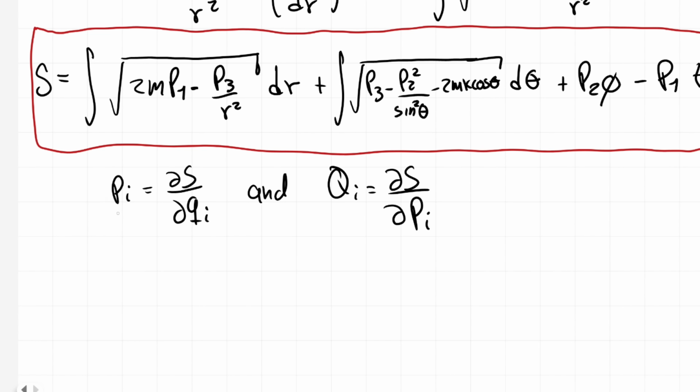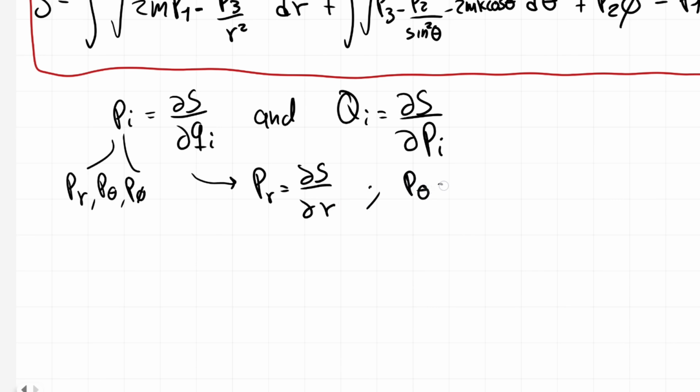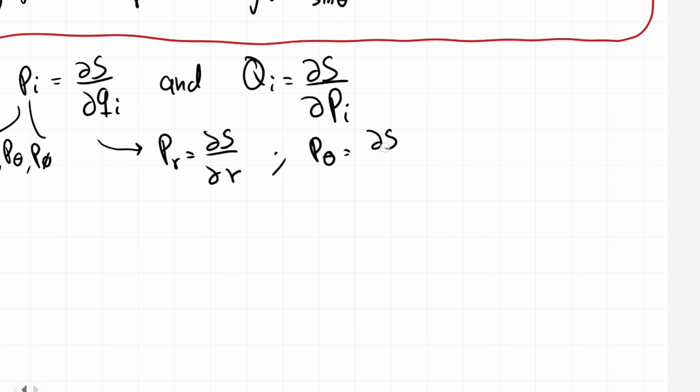So for example, p1, p2, and p3 will represent pr, p theta, and p phi. So pr is going to be the derivative of s with respect to r, p theta is going to be the derivative of s with respect to theta, and p phi is going to be the derivative of s with respect to phi.